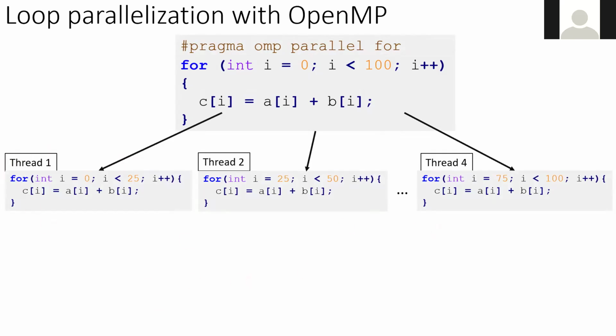Then it will divide 100 into 25, 25, 25, 25 continuous ranges, because continuous ranges are usually faster than doing 0, 1, 2, 3, 4, 5, 6, 7. That's just generally not good. Continuous ranges are faster because of how the microarchitecture works.